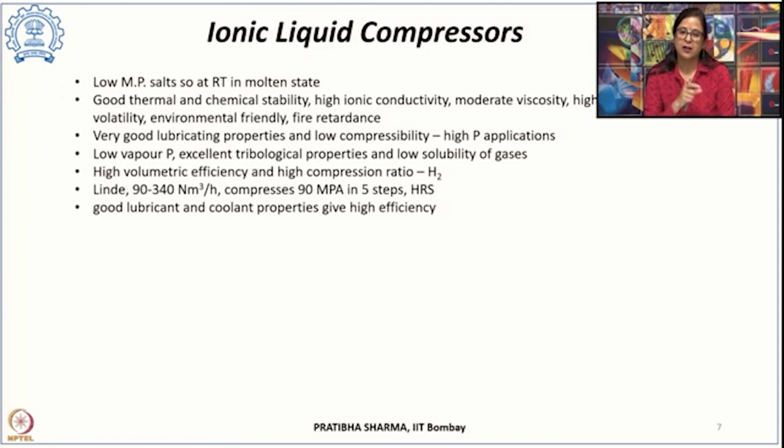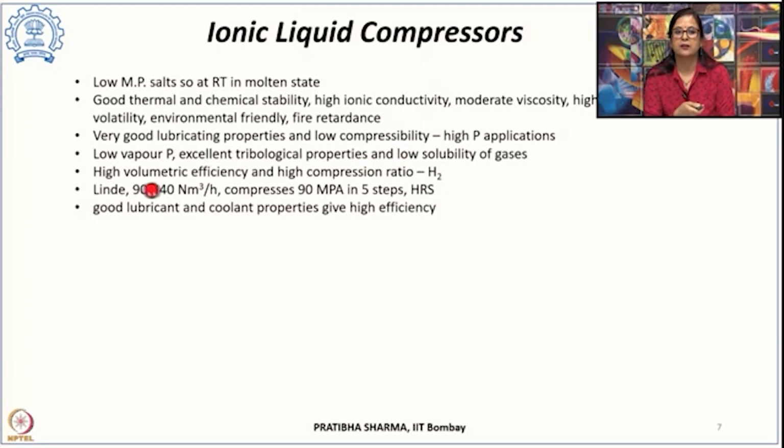So these are again liquid compressors, the principle of working is the same as we have learned, the only difference is the liquid which is used is an ionic liquid, and this ionic liquid has a low vapor pressure and very good tribological properties. This is essential so that the loss of the liquid should be lower, and it also has at the same time low solubility of gases, and it is very low for hydrogen. So as such the loss of hydrogen will be very less when ionic liquids are used.